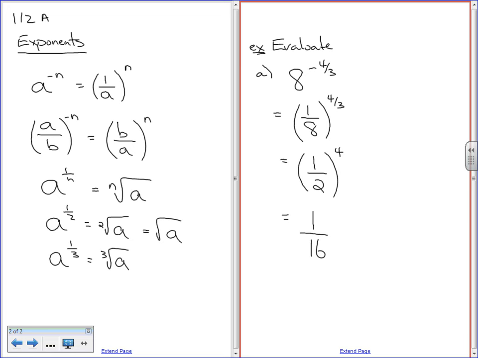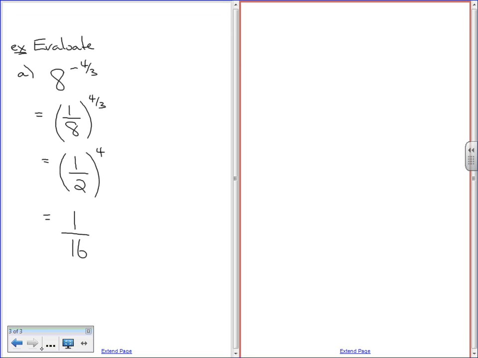Okay. The next thing I'm going to deal with is radicals. So just a review of simplifying radicals.